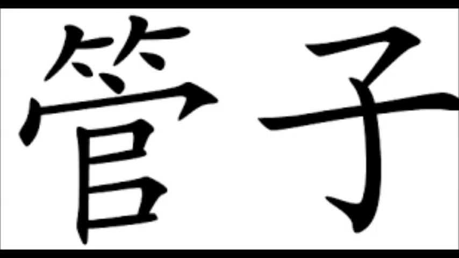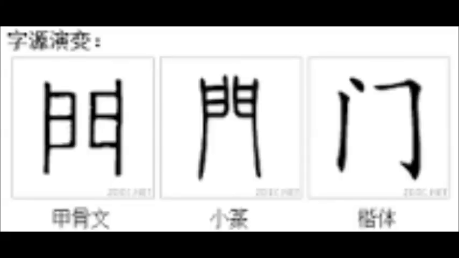Both sides look like two flags coming together. You hold the right side of the flag with your right hand, and the left hand holds another piece of flag, and actually they are not flags, just pieces of board. That becomes men. Men is a door, so remember, kai men, open the door, guan men, close the door.